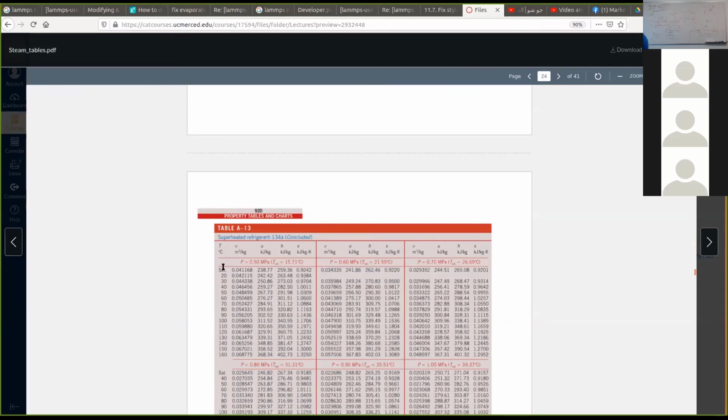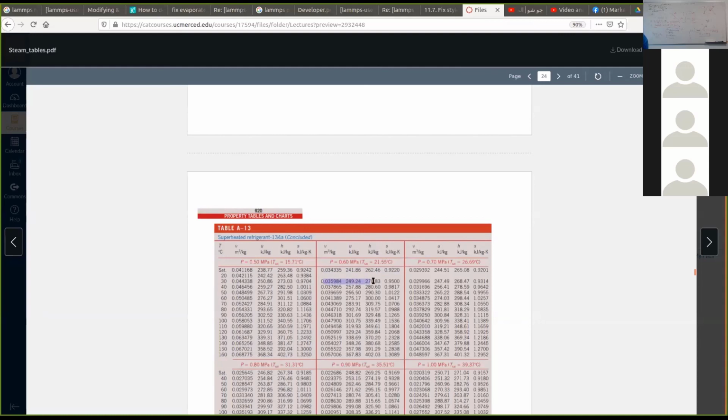Yeah. The first line is called the saturated line. It means at this pressure, the saturation temperature is here, 21.55. But I want 25. You have 21, which is this one. You cannot have 20 because 20 is something else. But you have 30.